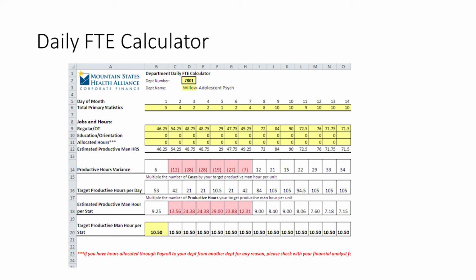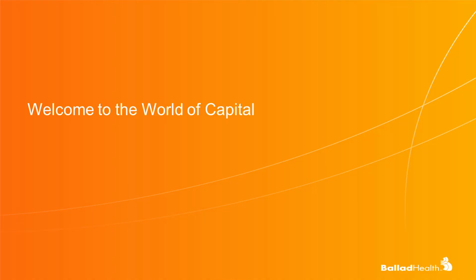That way the manager is looking at this every day and not waiting until 15 days into the following month before they know where they're at compared to their budget. But looking at that on a daily basis allows the manager to make adjustments in order to meet their budget.